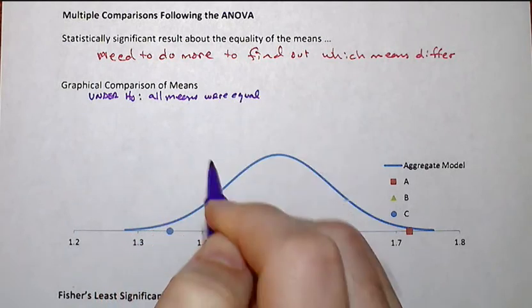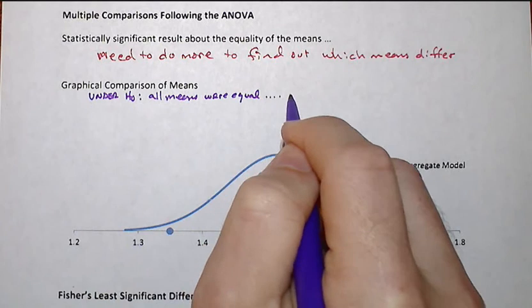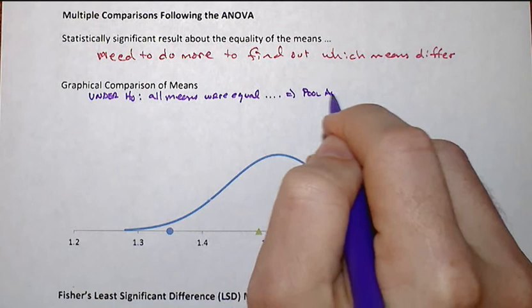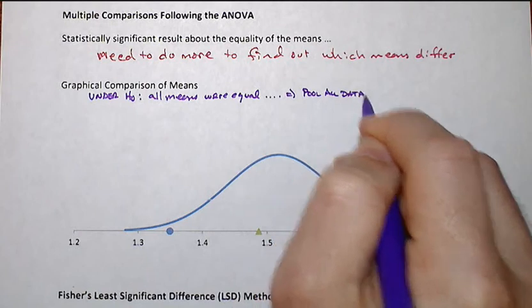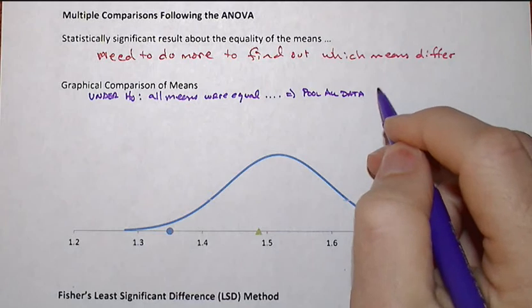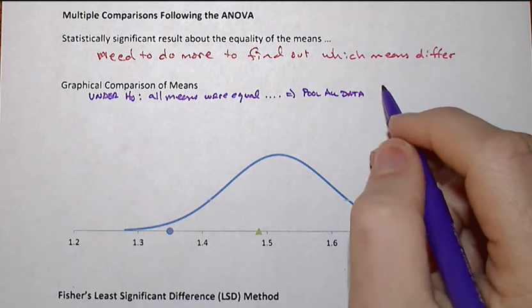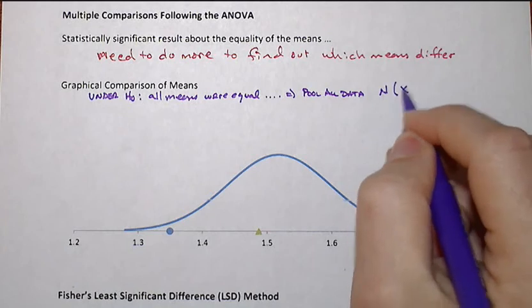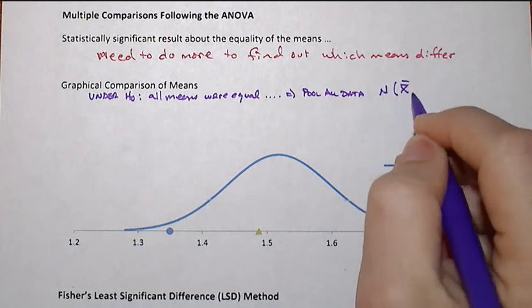And that says something very important to us. If we pool all of the data together into one large data set, then we're going to expect that when we look at this grand mean, we end up with a normal distribution centered on the grand mean, right?